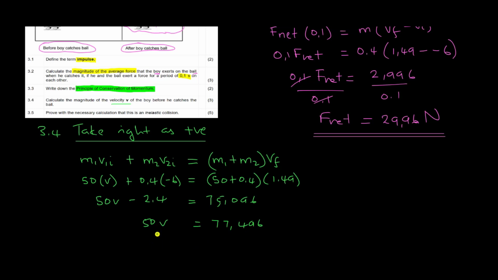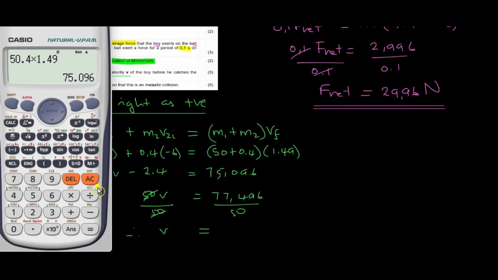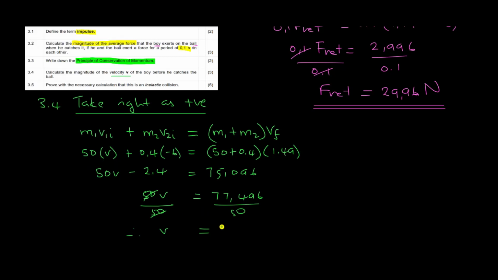So I then divide both sides by 50. Therefore, our v is going to be equal to, so I add this, let me just add 2.4. Then I divide this by 50. So I get 1.54992 meters per second.